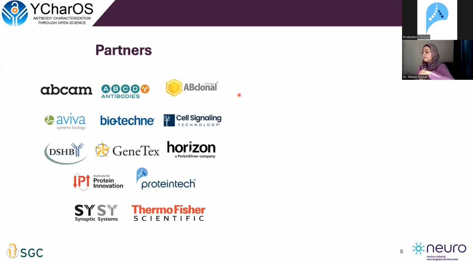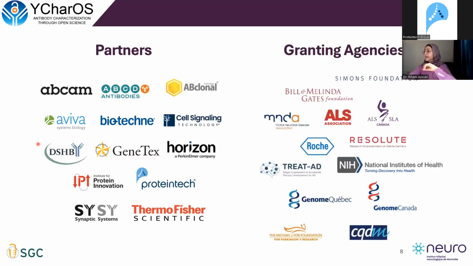Now that we clarified why we focus on renewables, let's go back to the YCharOS structure. To be able to test antibodies from multiple sources, we partnered with leading antibody manufacturers who agreed to send us their products in kind. We are also supported by these granting agencies right here that nominate and fund antibody testing for their proteins of interest.